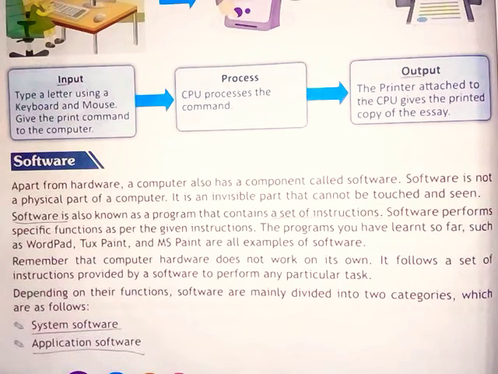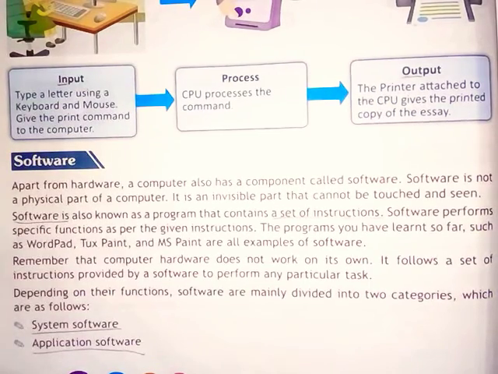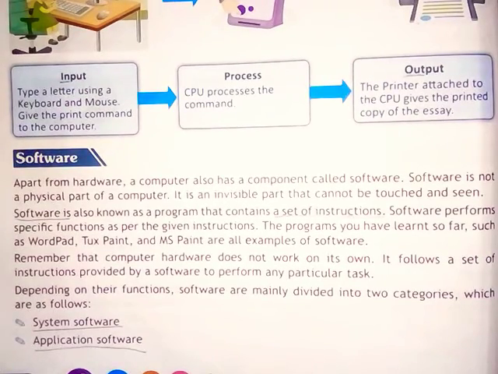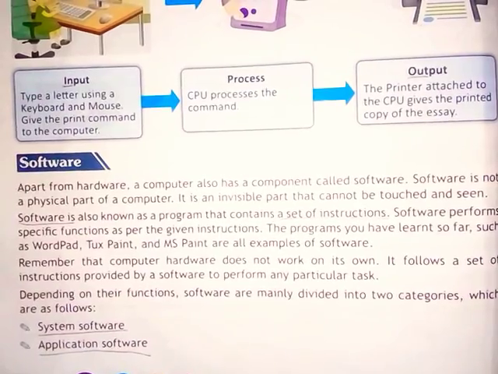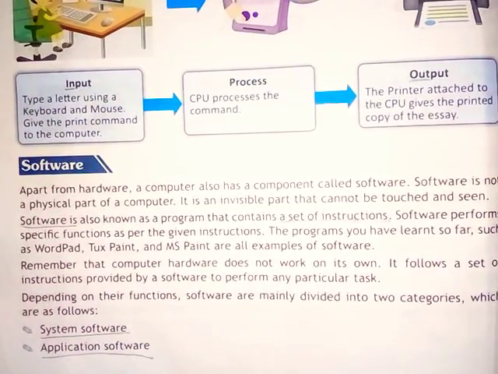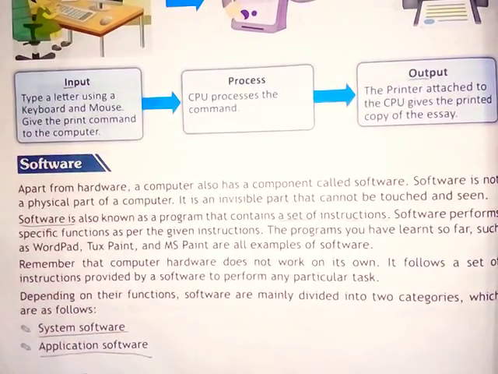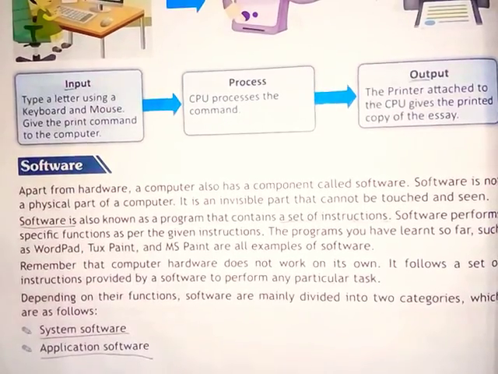Remember that computer hardware does not work on its own. It follows a set of instructions provided by software to perform any particular task. Depending on their functions, software are mainly divided into two categories, which are as follows: system software and application software.